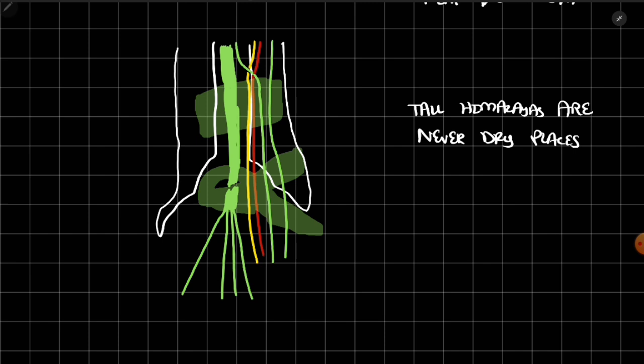And then the peroneus tertius. Peroneus tertius is a little tendon. It also comes like this, goes in this slip, and then goes like this.